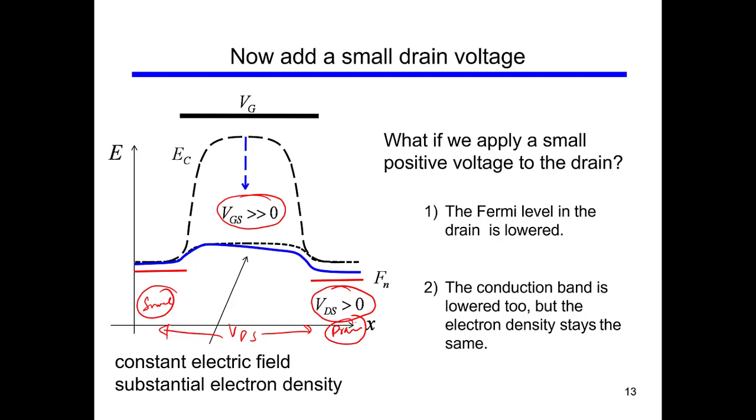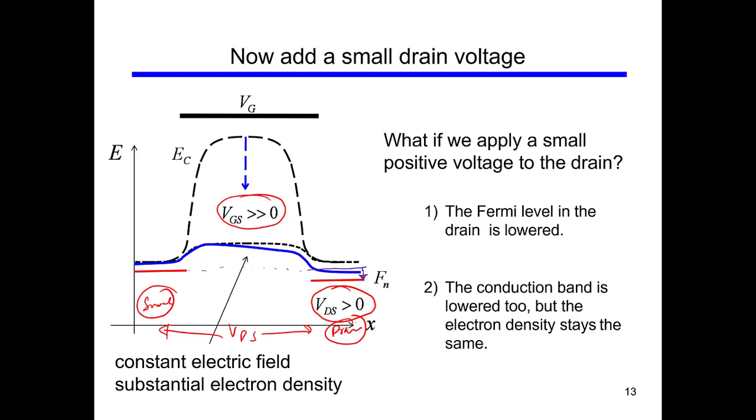But because of the high VDS, you see the Fermi level, which was before somewhere here, aligned with the source, has now gone down.